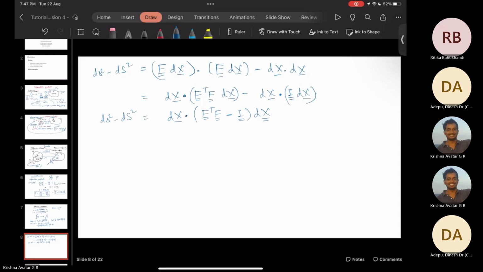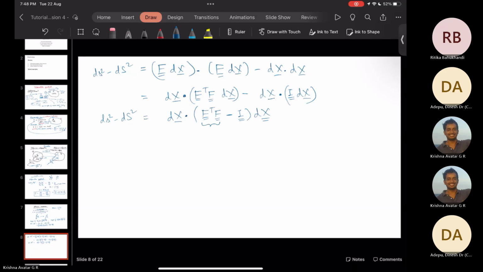So this is what we are trying to define. Now this quantity, when we divide it by 2, we have a new relation. Before that, let me just introduce something more.